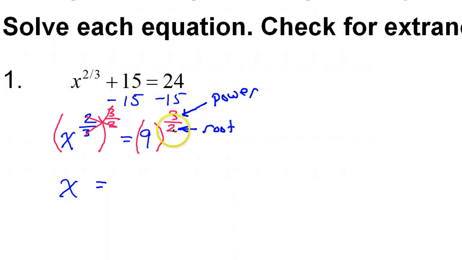So this is the second root. In other words, we're talking about the square root of 9. 3 is the power. That 2 is understood. Don't put the 2. When it's the second root, you just leave it empty. But anyway, 3 is the power. So that's going to go out here like that.